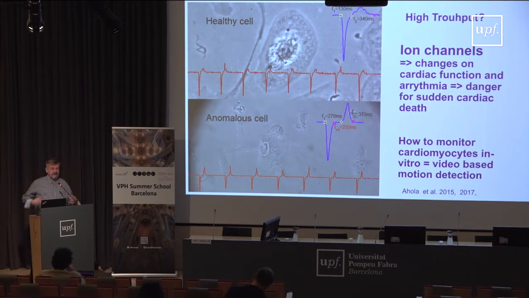And of course, it's actually nicer than electrophysiology, because what the heart should do is pump blood. And this is the mechanical force, or the mechanical function of the heart cells in vitro that we can follow.